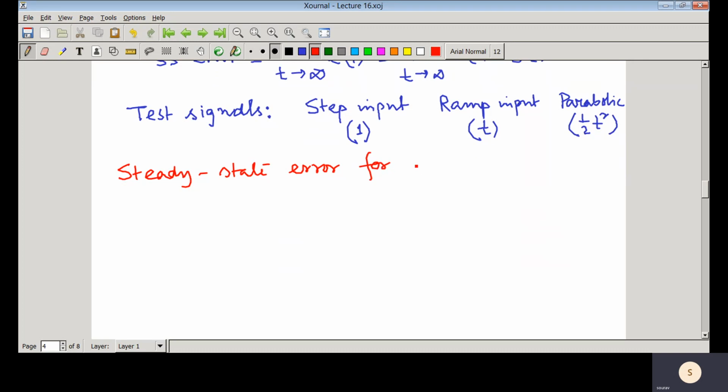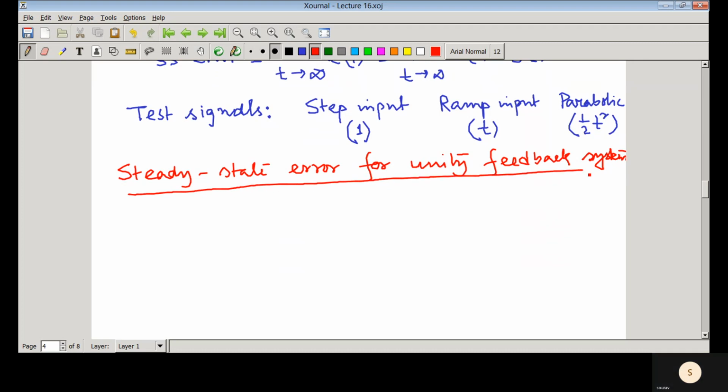That is the steady state error for a unity feedback system. That is important because it is a unity feedback system; we will discuss later why it is important. The reason is, you can see here, whenever you have a closed loop control system, suppose this is R(s), and the forward path transfer function we take is G(s). It comprises the plant and the controller.